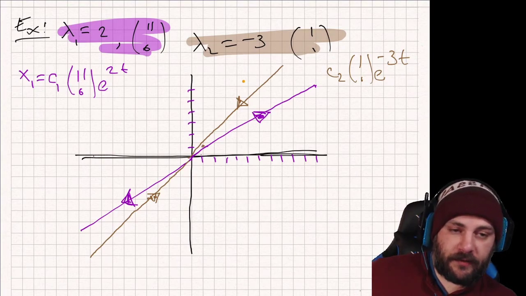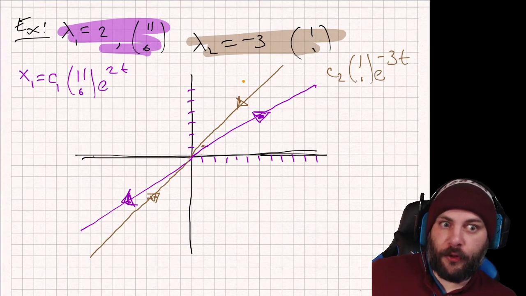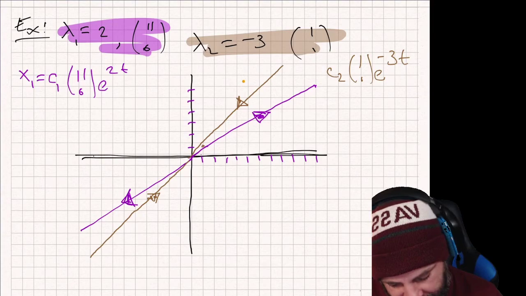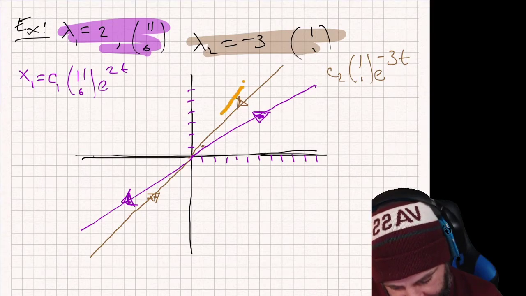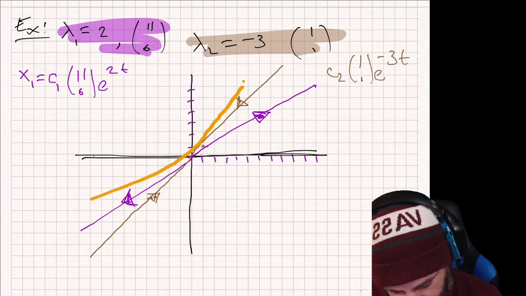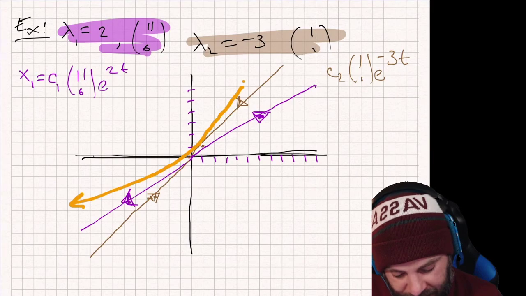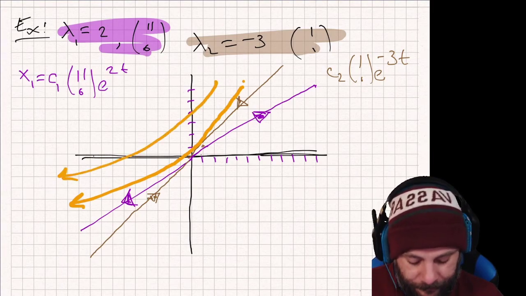I'm closest to the brown solution, so I should look the most like the brown solution. I'm going to travel down like it, heading toward it, but then I veer off and start to look more like the magenta solution. And as I move out, I get more and more curvy like that.